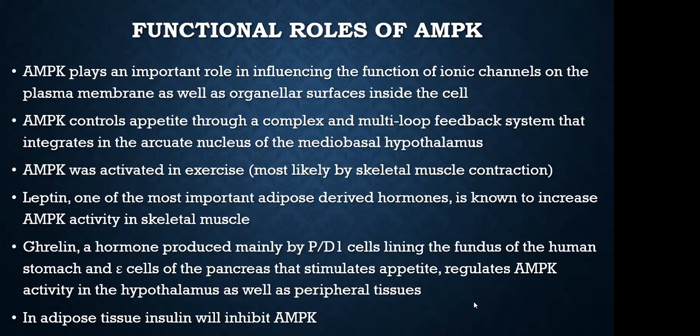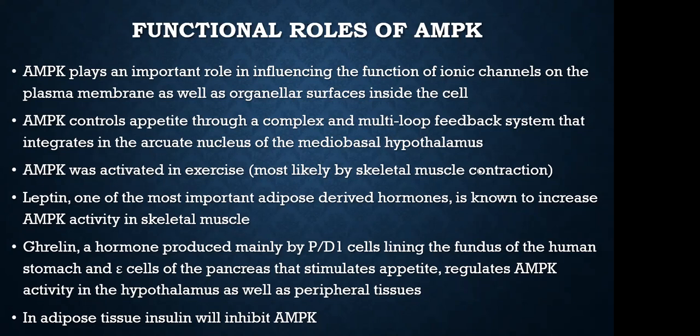And we have leptin, which is one of the most important adipose-derived hormones, also known to increase AMPK activity in skeletal muscles. You also have ghrelin, a hormone produced mainly by the PD-1 cells lining the fundus of the human stomach, and the epsilon cells of the pancreas, that stimulates appetite. That also regulates AMPK activity in the hypothalamus as well as peripheral tissue.